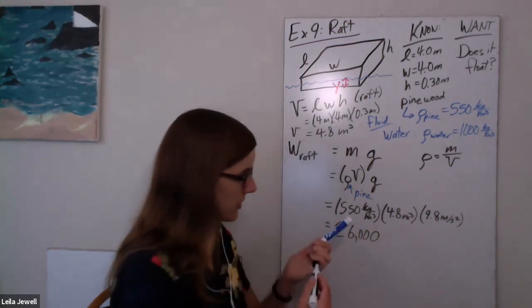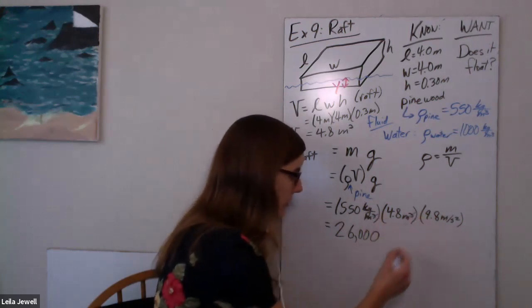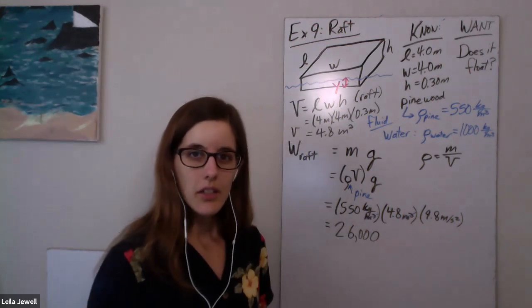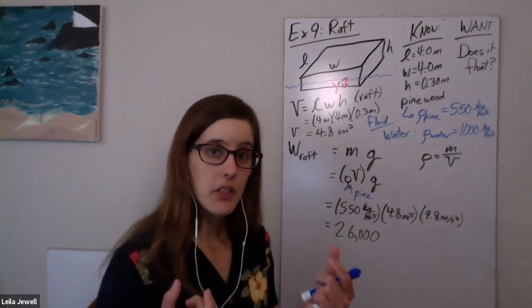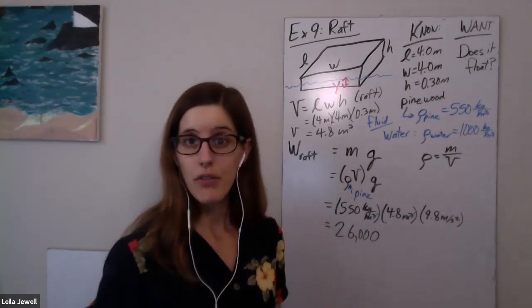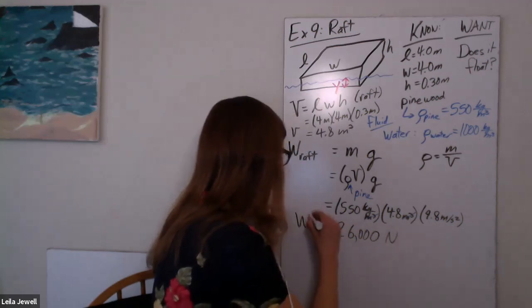Now, what are the units here? Units are a little tricky. We said the cubic meters cancel, so you have kilograms times meters per second squared. Kilograms is units of mass, meters per second squared is acceleration, mass times acceleration, MA, that's our units of force, newtons. So now we know the weight of the raft.